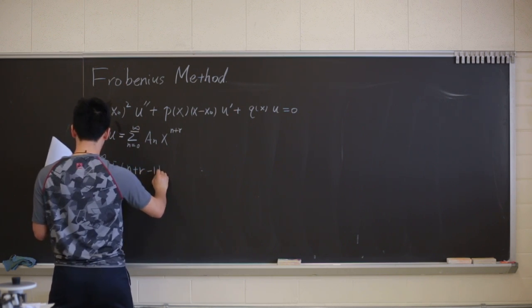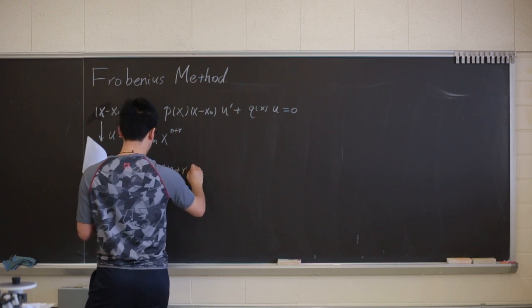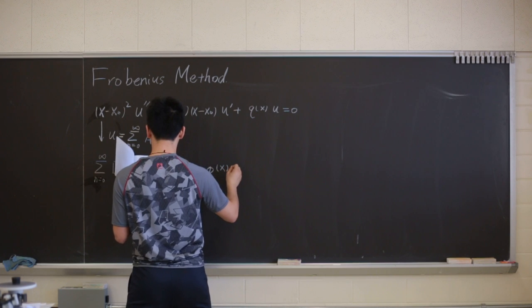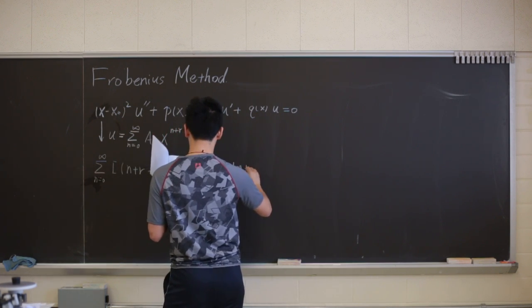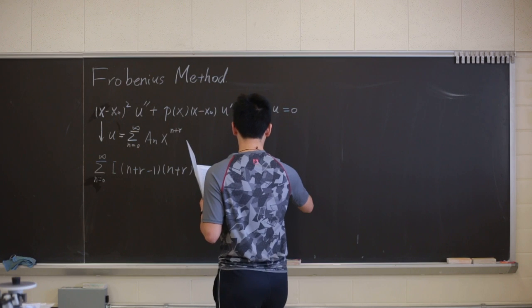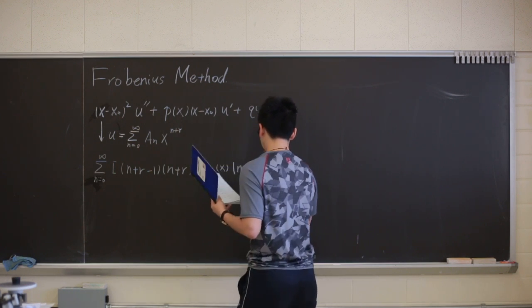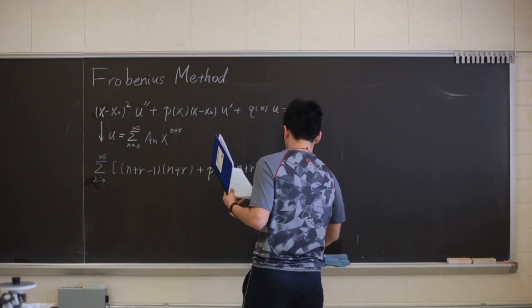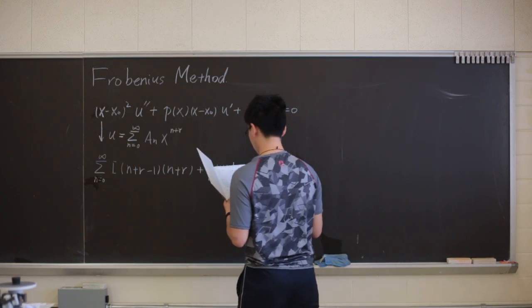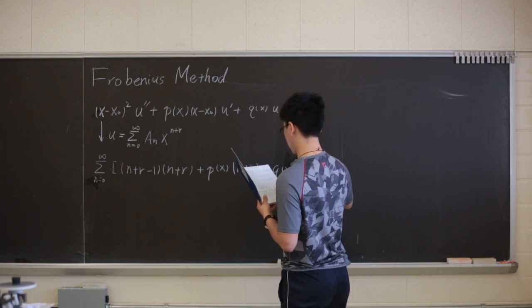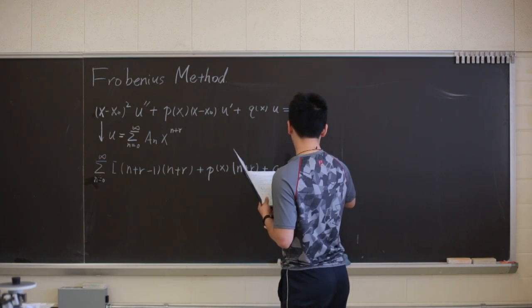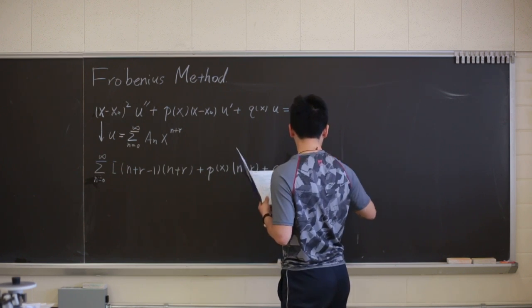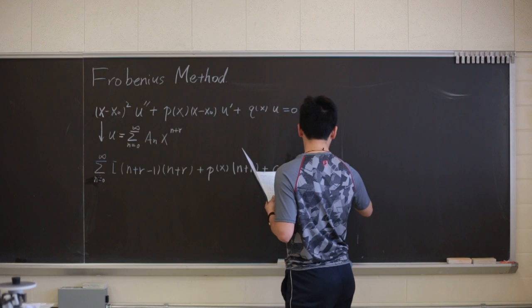Plus r minus 1 and plus r plus p(x) and plus r plus q(x) a n x minus x naught.